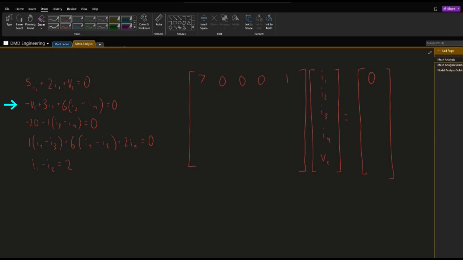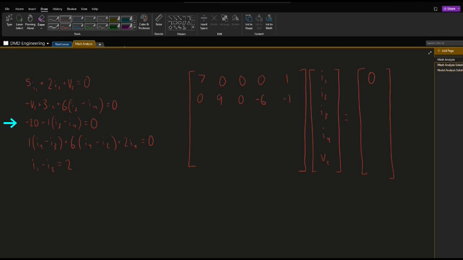How many I2s do we have? Looks like we have 3 plus 6, or 9. So no I1s, 9 I2s. Looks like we don't have any I3s, so I'll put another 0. And we're going to have 6 times the negative 1, so negative 6 I4. And for VC, we have negative 1.